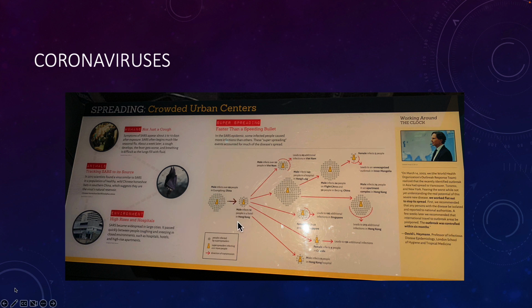One of those patients was in the hotel in Hong Kong, who infected a person who infected 20 people in Vietnam, an additional 63 cases in Vietnam, 143 in a hospital in Hong Kong, 24 people on a flight, Inner Mongolia, an apartment complex in Hong Kong, Singapore, somebody in Canada, again, and more people in a hospital in Hong Kong. So this disease tracking for SARS was really, really well done. So this was a very cool exhibit. If you ever happen to go to the Smithsonian in Washington, D.C., I recommend checking it out.